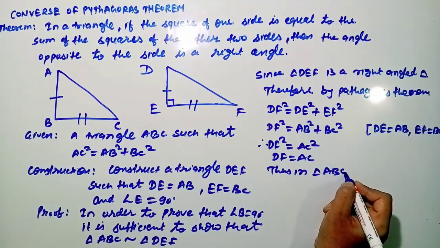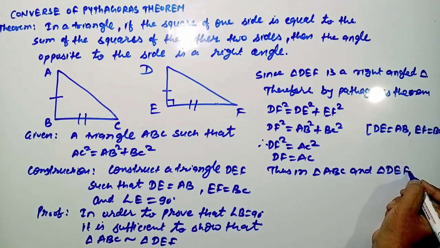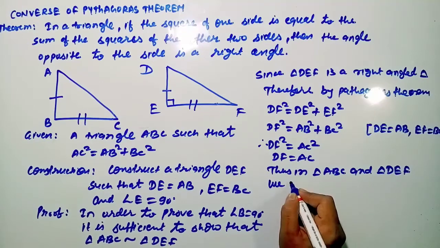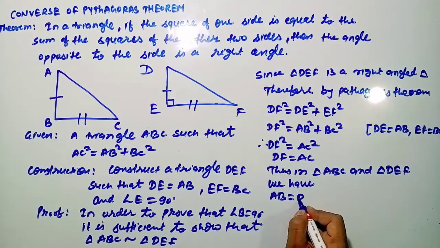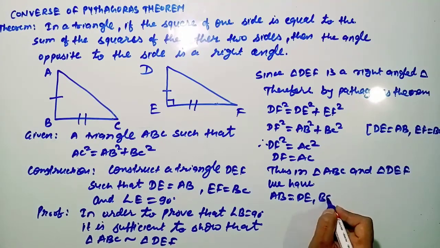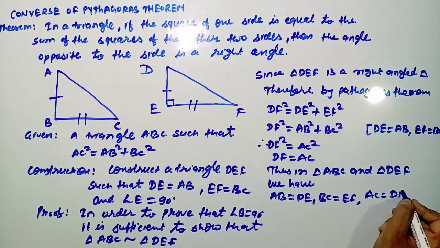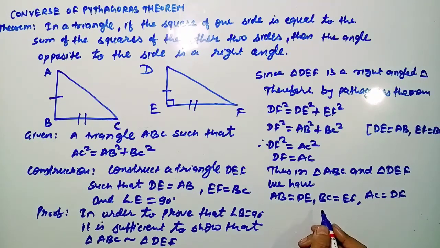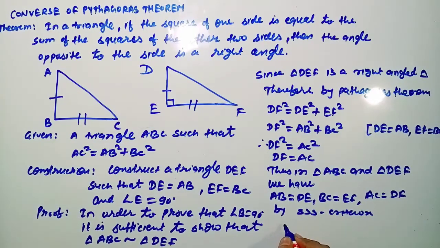Thus in triangles ABC and DEF, we can conclude that side AB is equal to DE, side BC is equal to EF, and side AC is equal to DF. So by SSS, these two triangles are congruent, and congruent triangles are always similar, right?